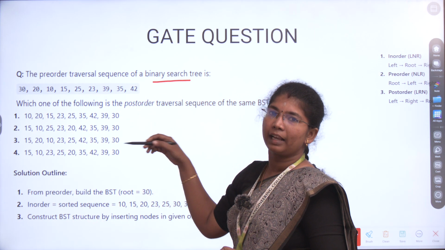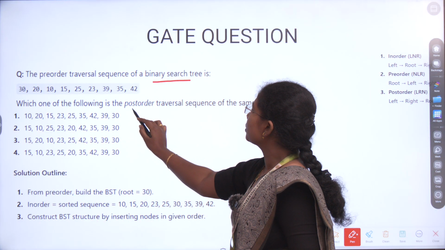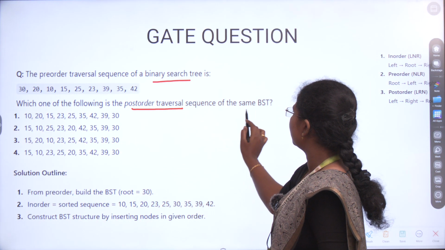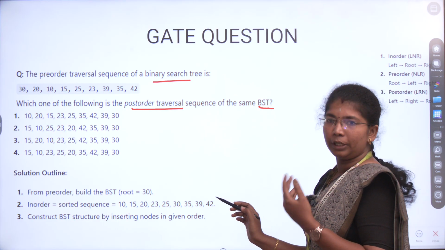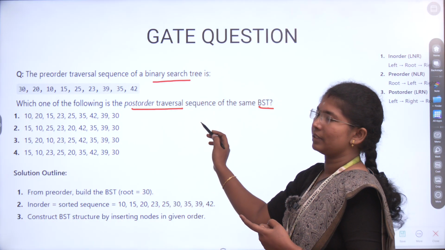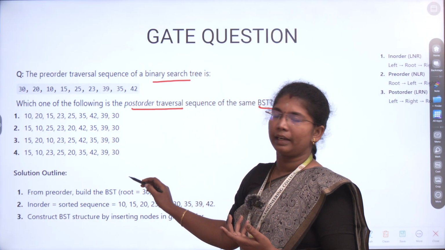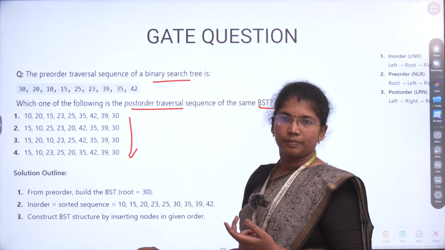These are all the nodes they have given in the question. So which one of the following is the post-order traversal sequence of the same BST? So they have given a pre-order traversal and they have asked the post-order traversal. They have given 4 choices.